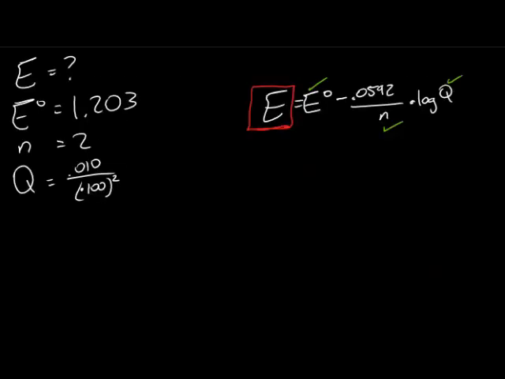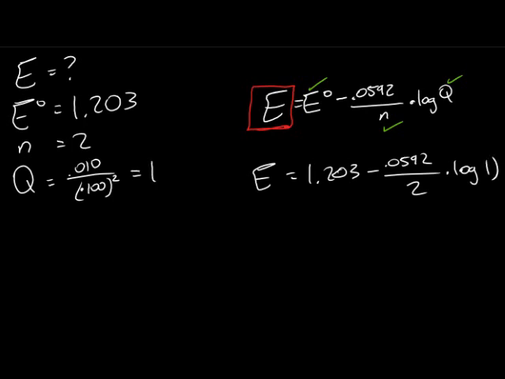So now we'll place our numbers into the equation. We'll say that E is equal to 1.203 minus 0.0592 divided by N, which is 2, multiplied by log of this fraction. If we simplify this fraction in a calculator, we'll get the number 1, so we'll have log of 1.